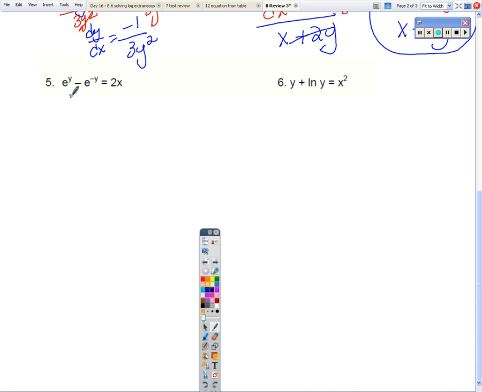Now finding the derivative of e to the y, that is e to the y dy/dx. Then I'm going to bring this negative y down.